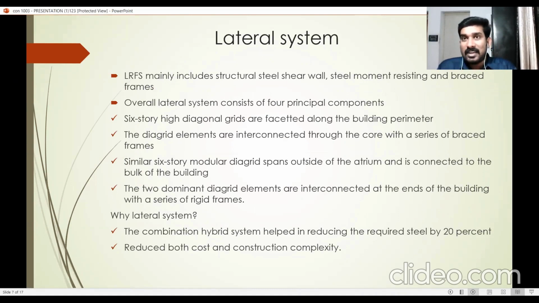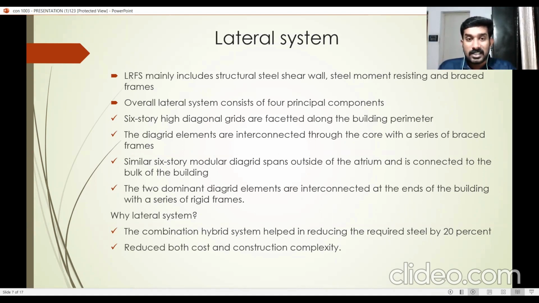This hybrid lateral force resisting system, called LFRS, involved three primary braced frames coupled with the steel moment resisting frames as well as structural steel shear walls. Overall, the lateral system mainly consisted of four principal components.